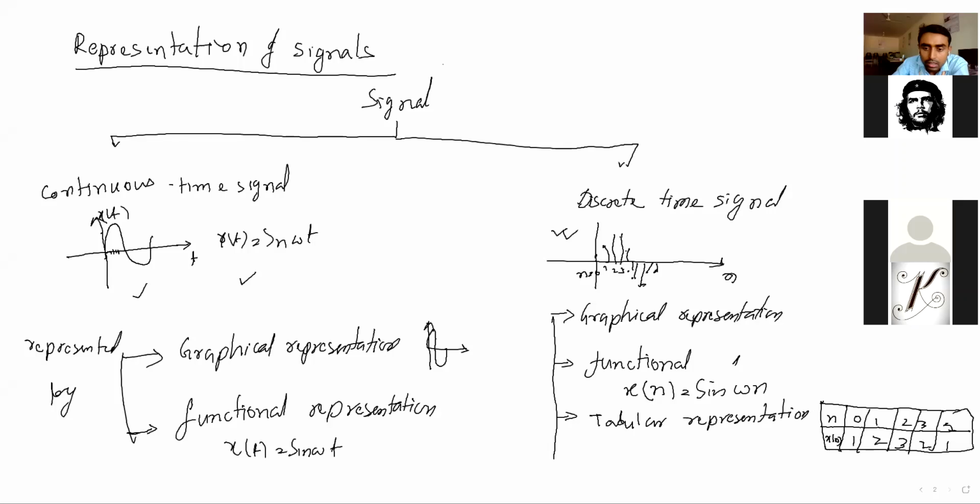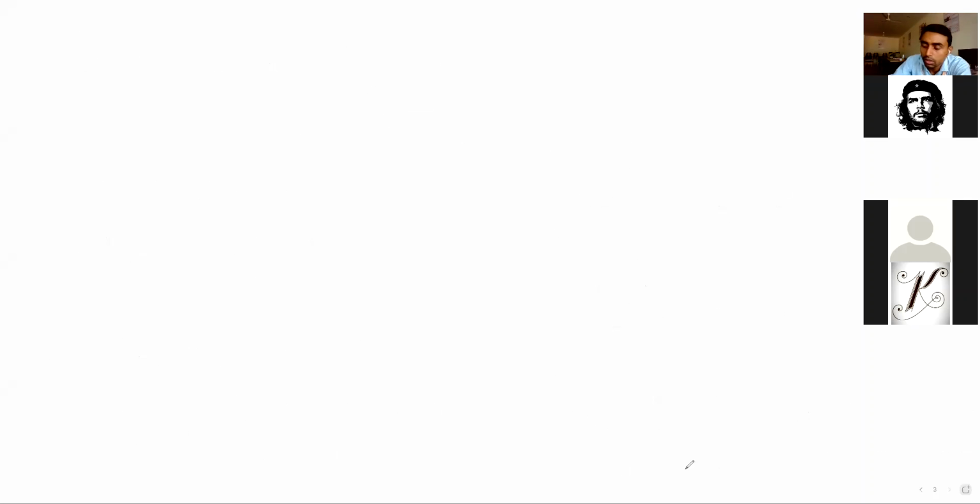And the last one is sequence representation, which is very important. Sequence representation also has two types. One is finite duration sequence.